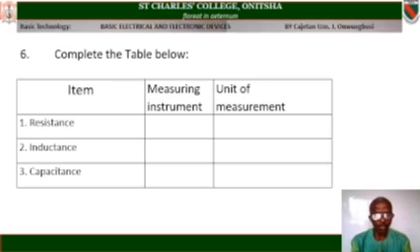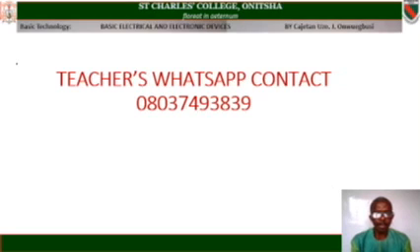So you are required to write the measuring instrument for resistance, inductance, and capacitance, then state their units in the table. You are expected to answer the questions and send the answers to my WhatsApp number 0803 749 3839.